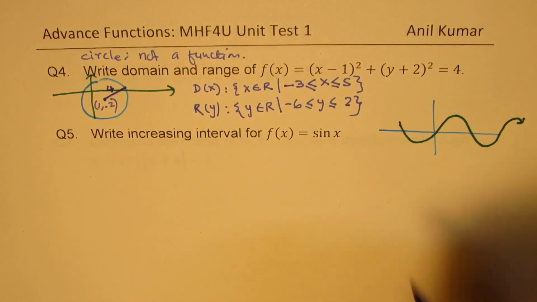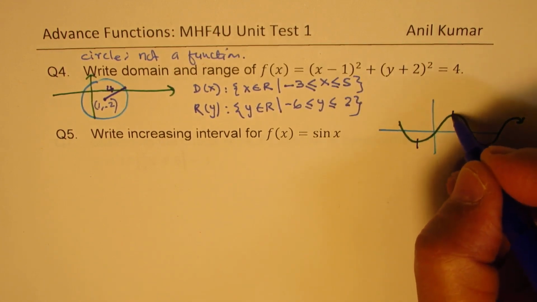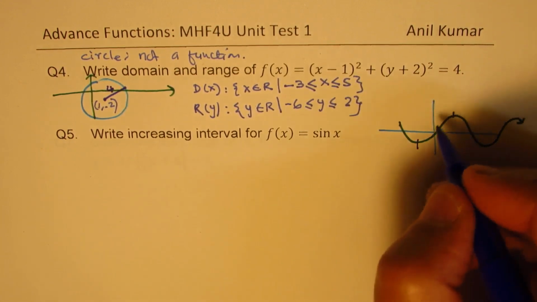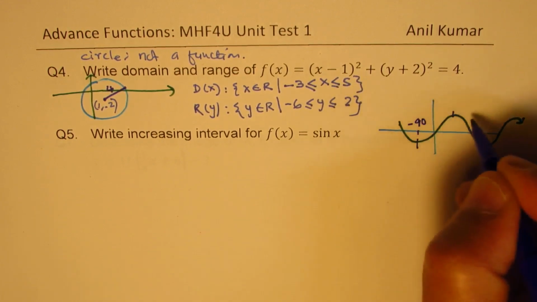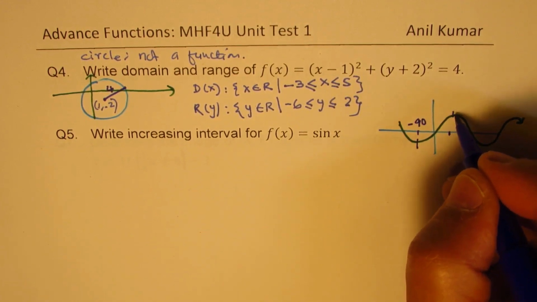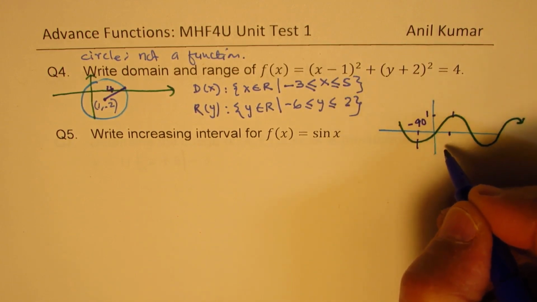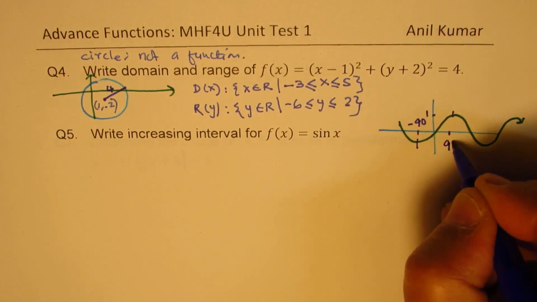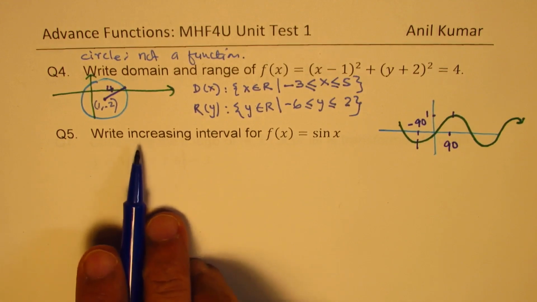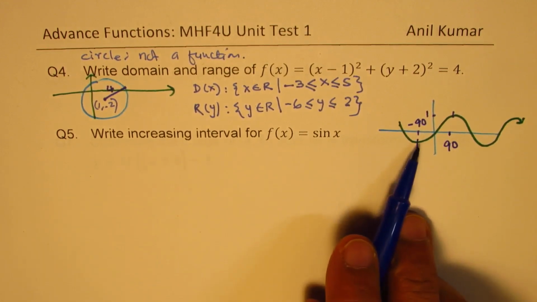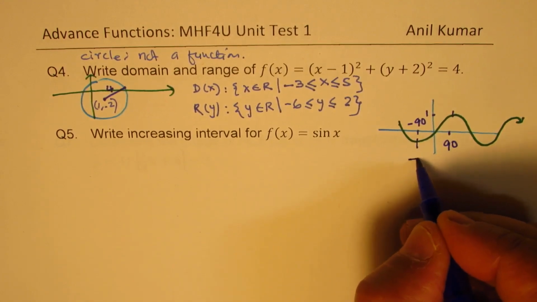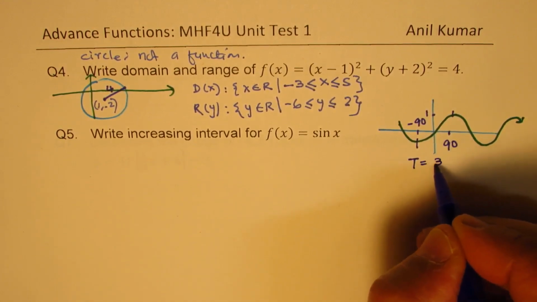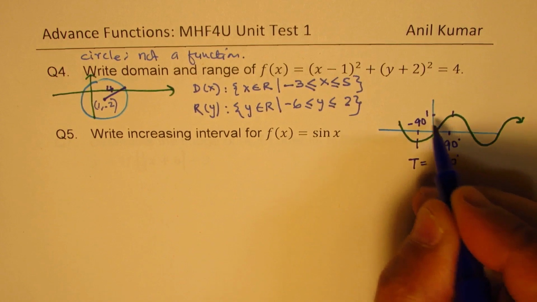Now, when we talk about the increasing interval, this is the interval in which sine x is increasing. So this point here is minus 90, and the top, which is when the sine function is 1, is plus 90, correct? So the increasing interval is from minus 90 to plus 90 in one cycle. And we know that the time period T is 360 degrees, right?